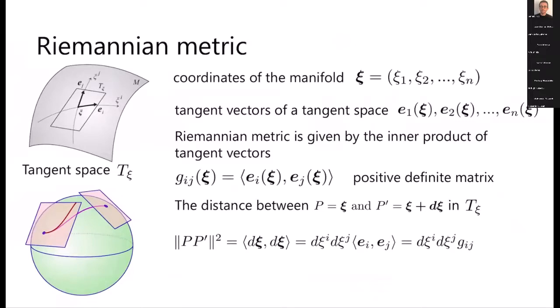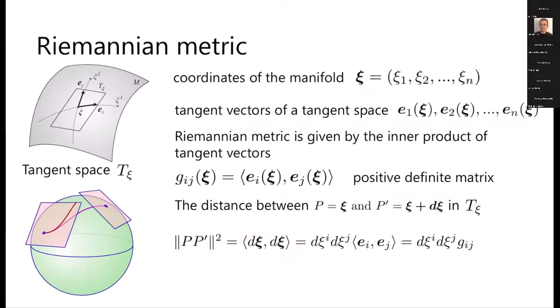Again, the coordinates of the manifold are given by xi, and we have n tangent vectors of the tangent space, and the Riemannian metric is given by the inner product of tangent vectors, and we assume this is a positive definite matrix. And the distance between the point P and P prime in the same tangent space is given by the inner product of dxi.